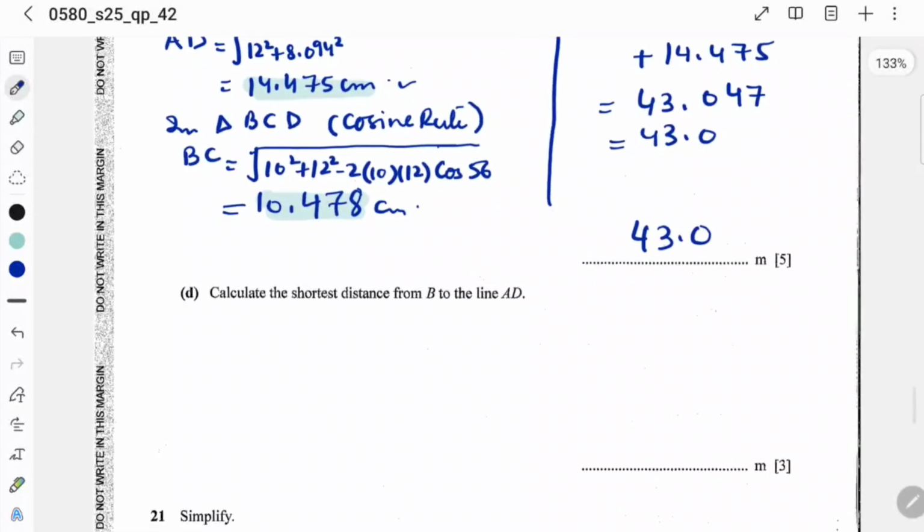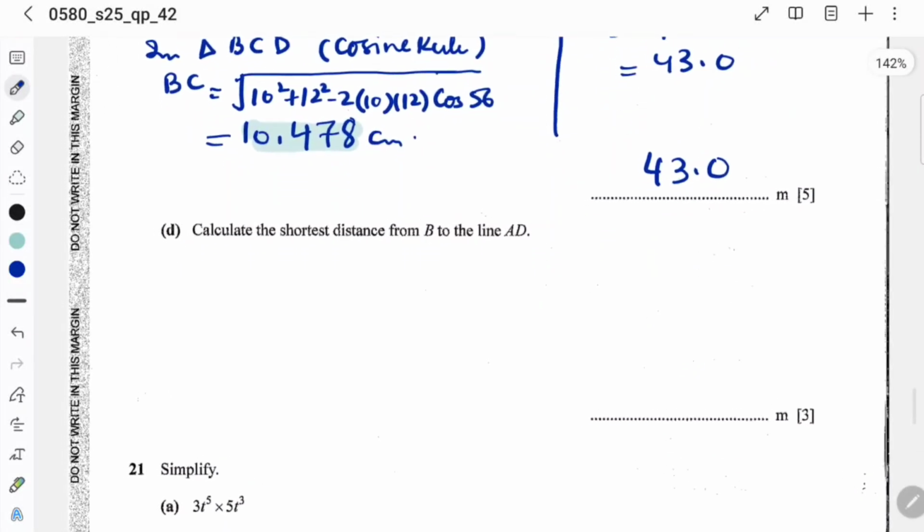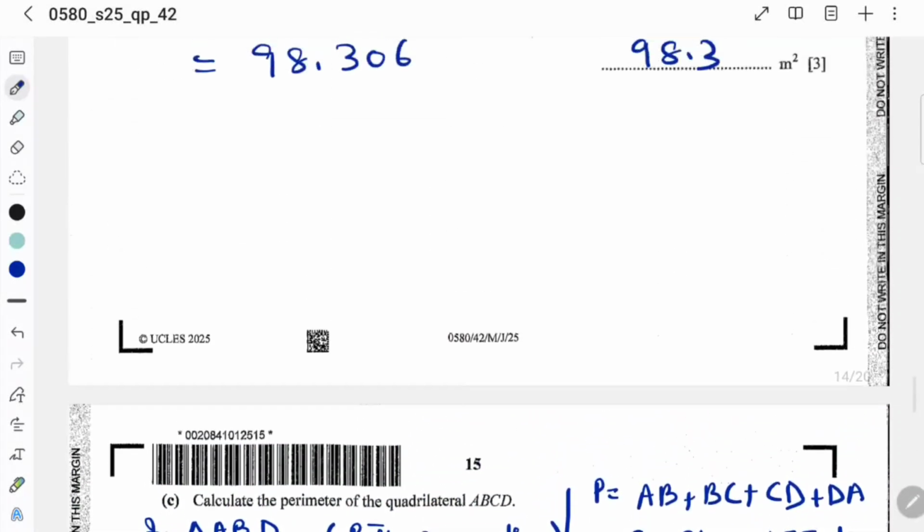Now in part D, calculate the shortest distance from B to the line AD. So the shortest distance from B to AD.